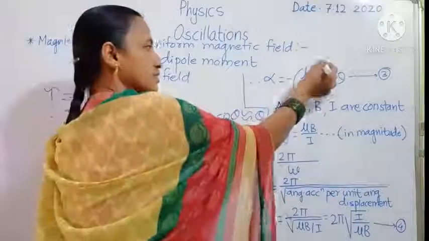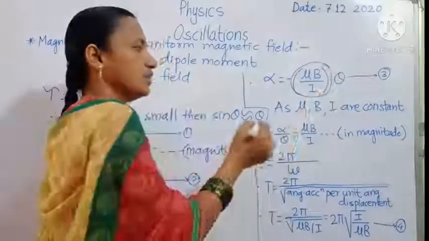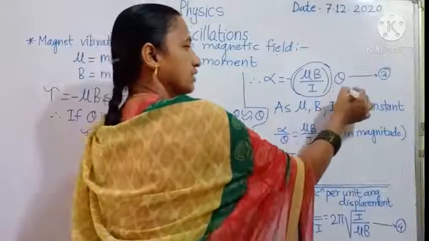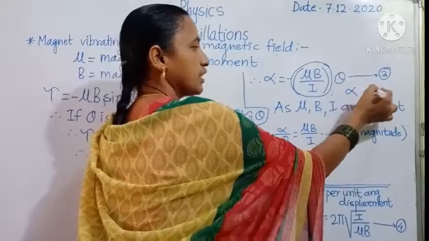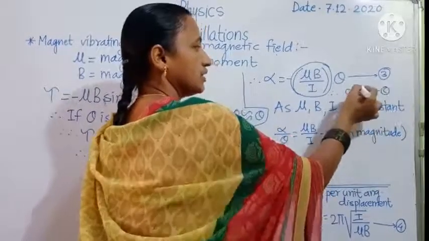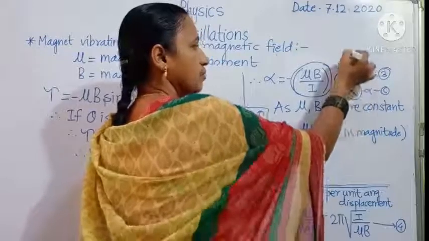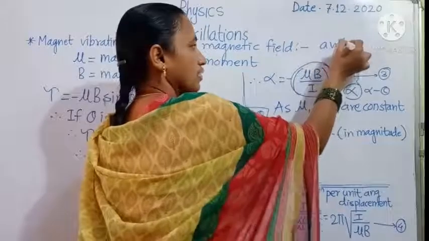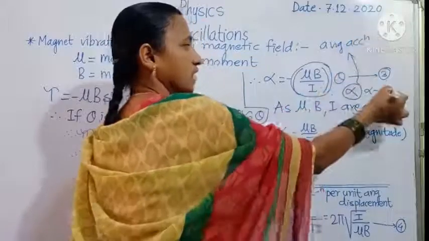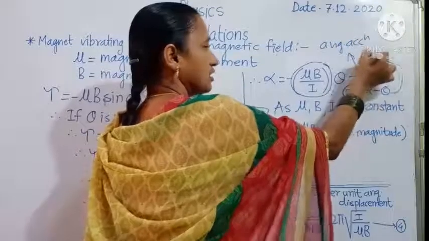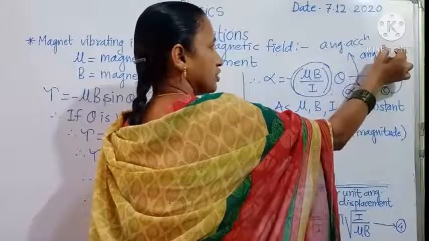As mu, b and I are constants, alpha is directly proportional to minus theta, where alpha is the angular acceleration and theta is the angular displacement.